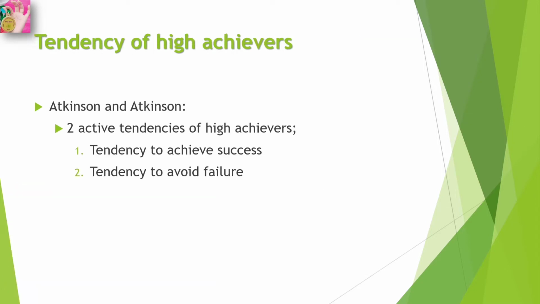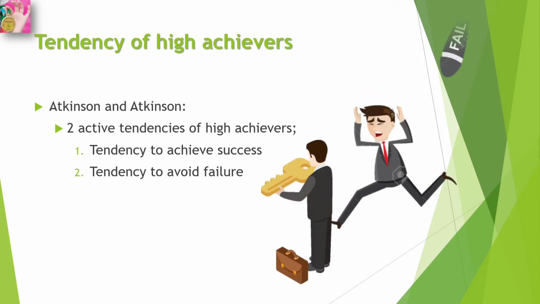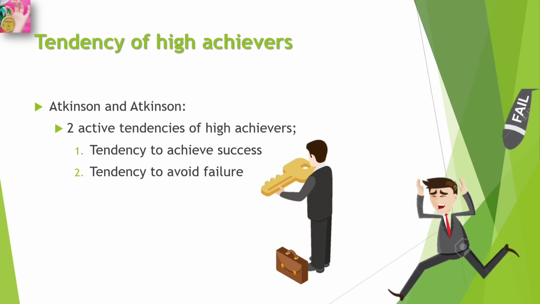Atkinson found that a person with high achievement has two tendencies: a tendency to achieve success and a tendency to avoid failure. And this is all about achievement motivation.